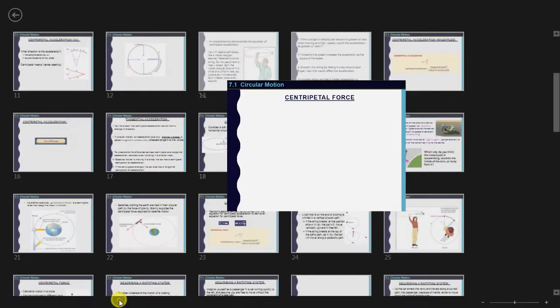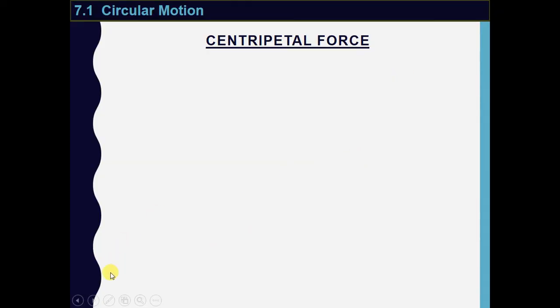We know that the second law of Newton states that force equals ma. It means whenever you have acceleration, you must have a force that causes this acceleration, and you will see that this is the centripetal force we mean by it.